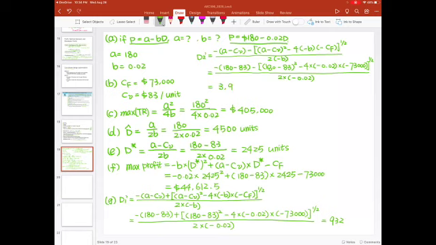You can get 3,918 units. Here you still need the units, okay?